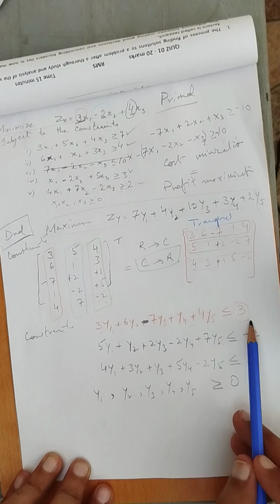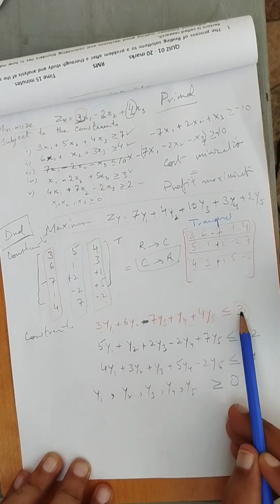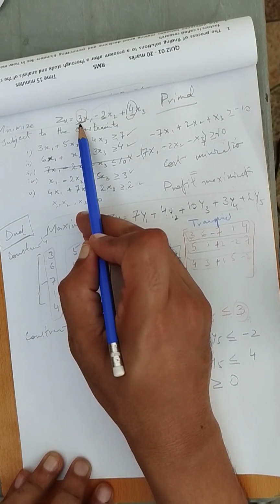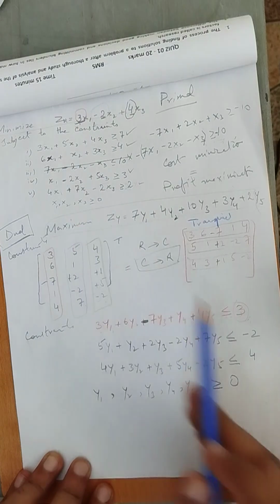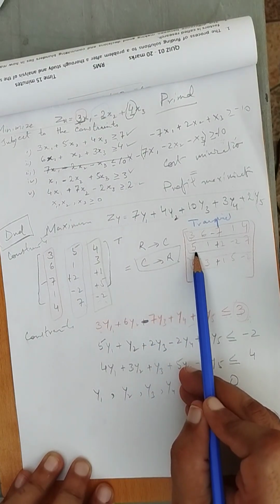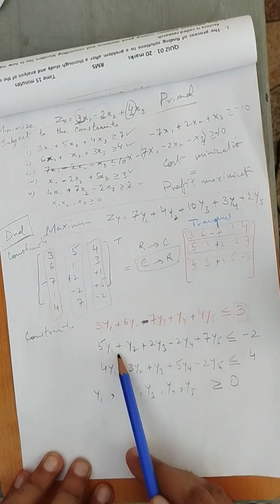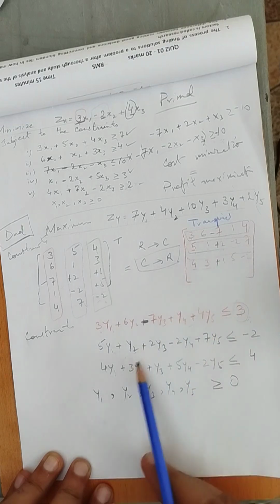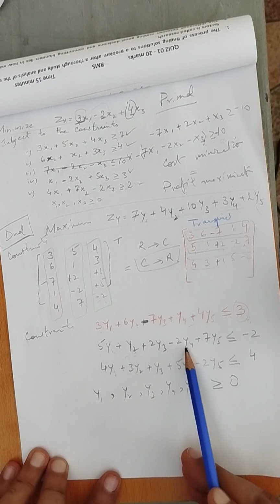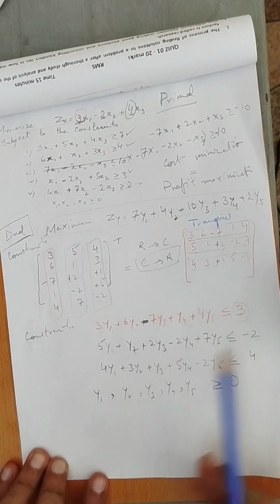So over here you see, the right hand side of the constraint comes from the coefficients of the primal cost minimization function. 3 is over here. Next we took the 5, 1 plus y2 plus 2 plus y3 minus 2 y4 plus 7 y5 less than or equal to minus 2.